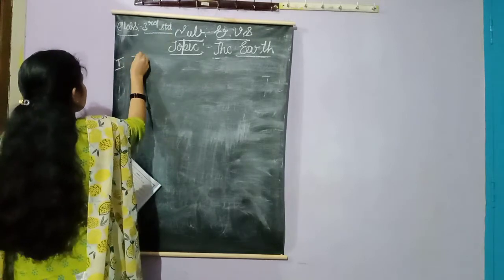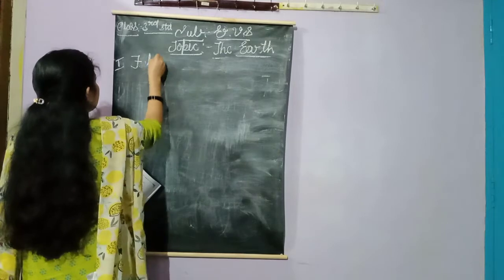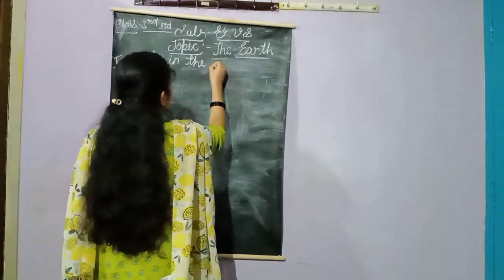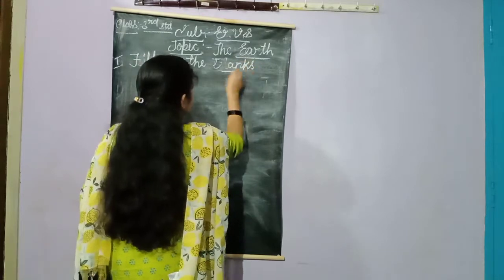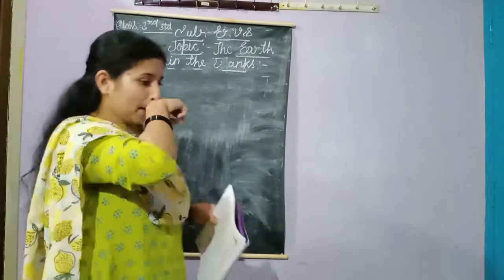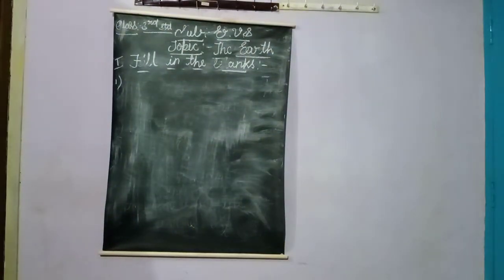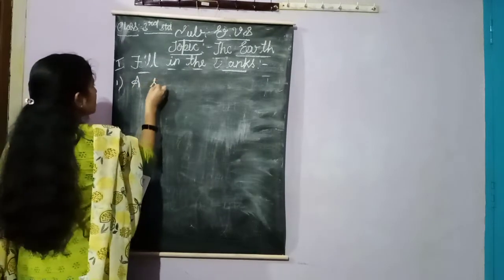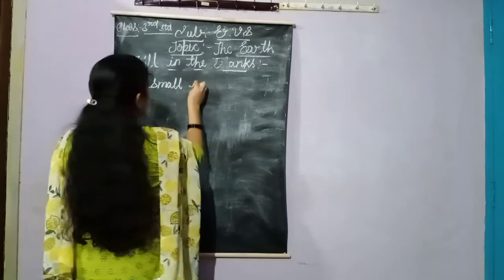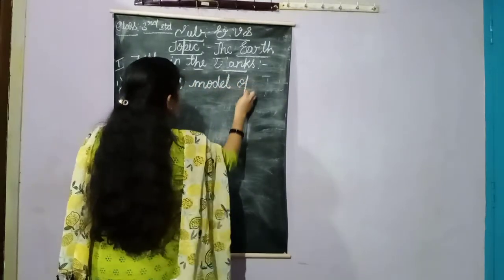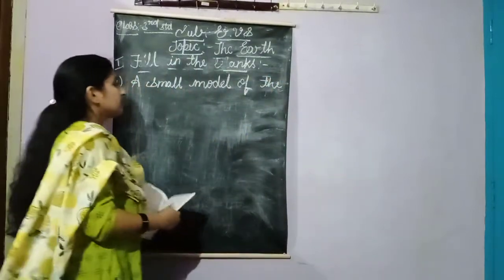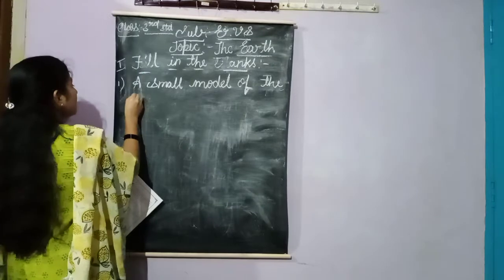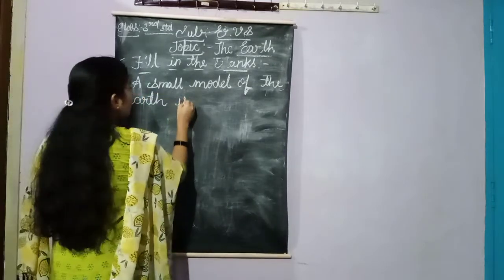First main. Fill in the blanks. The first one, write down: a small model of the Earth is called what, children?